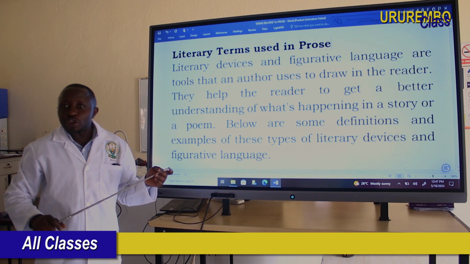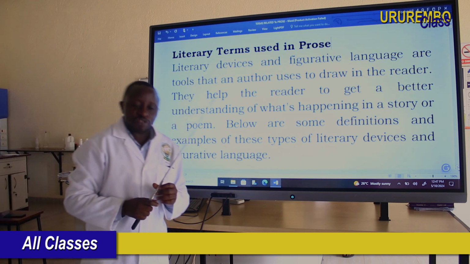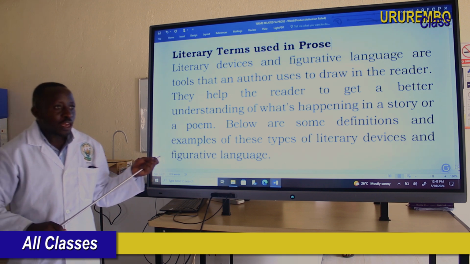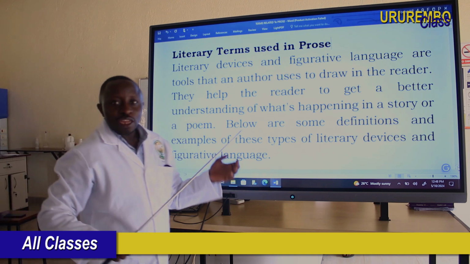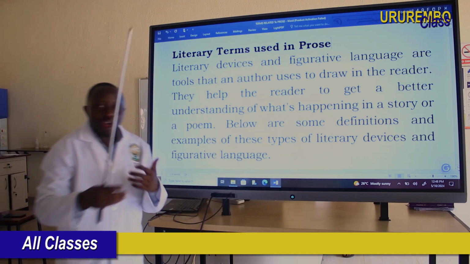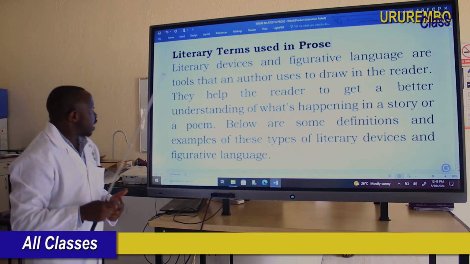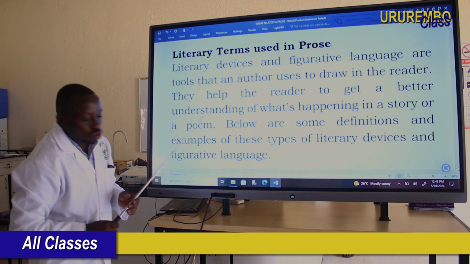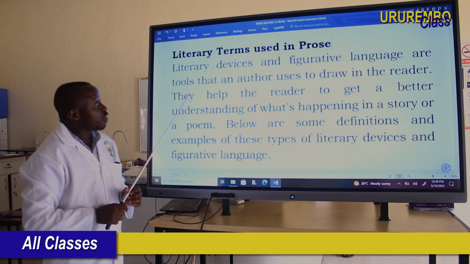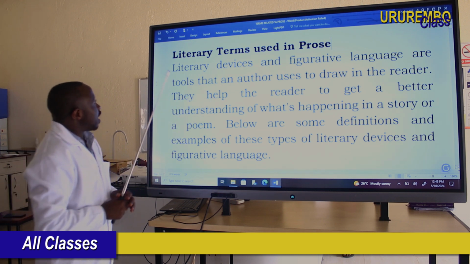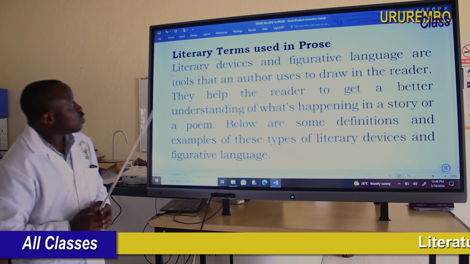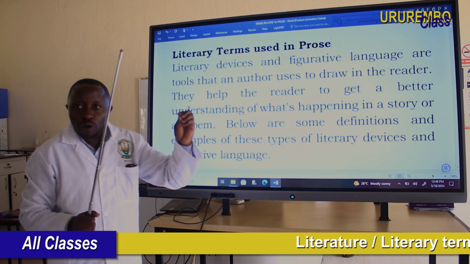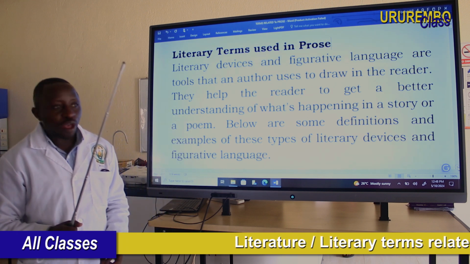I mean the body in charge of setting the end of year exam, NESA, is changing the way of setting exam. The reason why I have brought you this lesson, okay? So in literature, these are terms related to prose. Each term that is related to prose, okay?